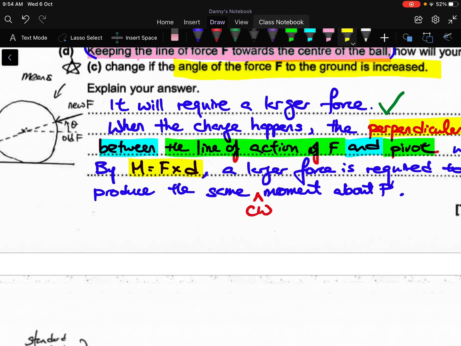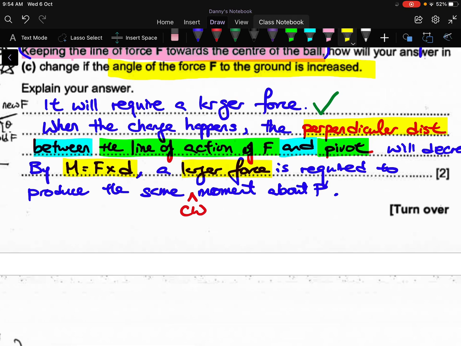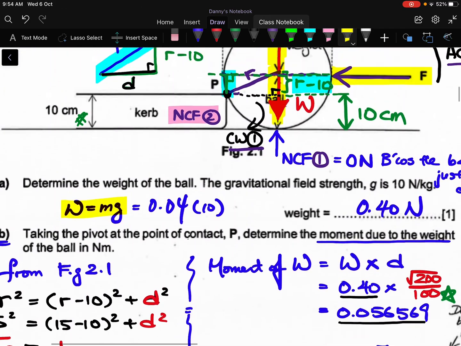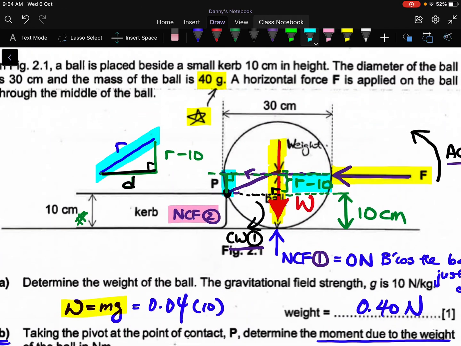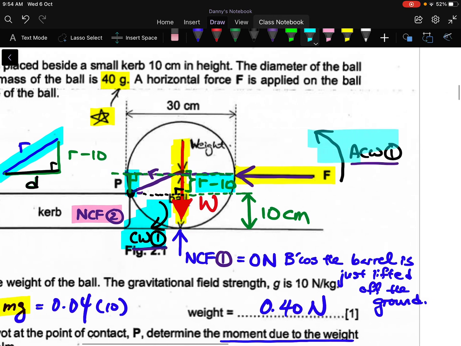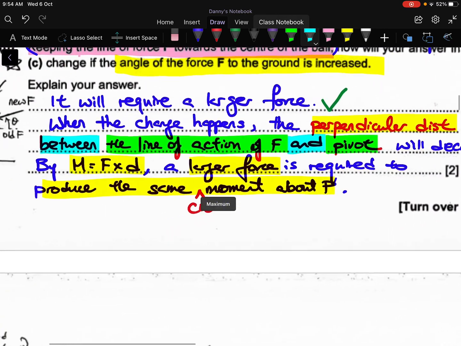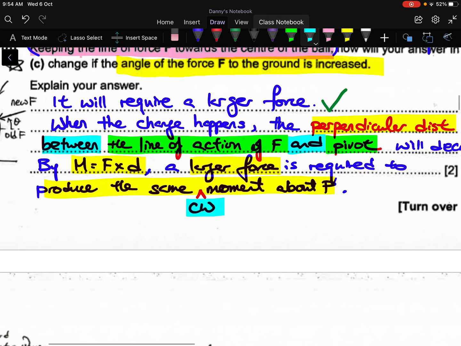So because the moment M is a product of F times D, now that the perpendicular distance D has dropped, this means that I would need a larger force to produce the same moment about P. But if you are just answering that, then the marker can say, hey, which moment are you talking about? Are you talking about the clockwise moment, or the anti-clockwise moment? So therefore, it is very important for you to say this.